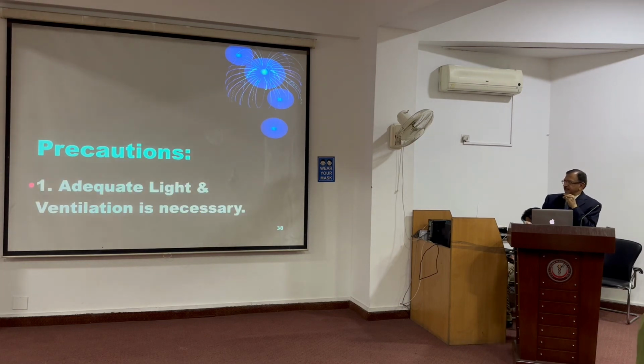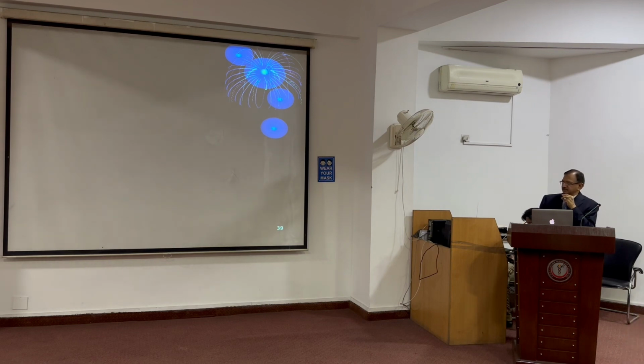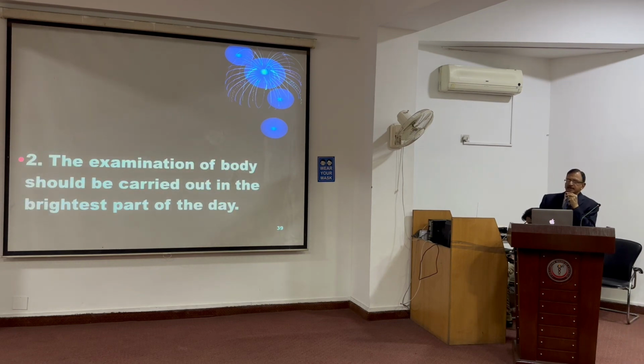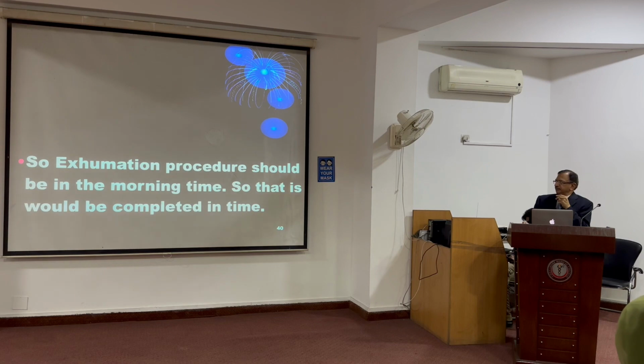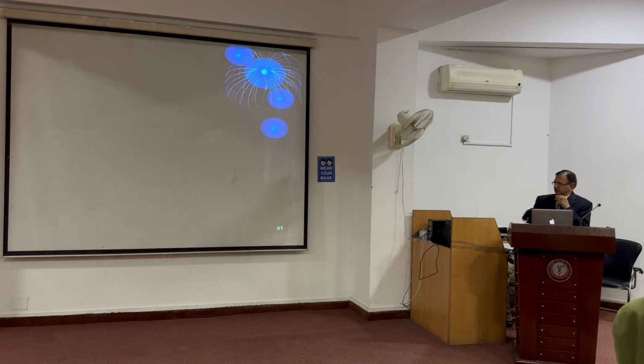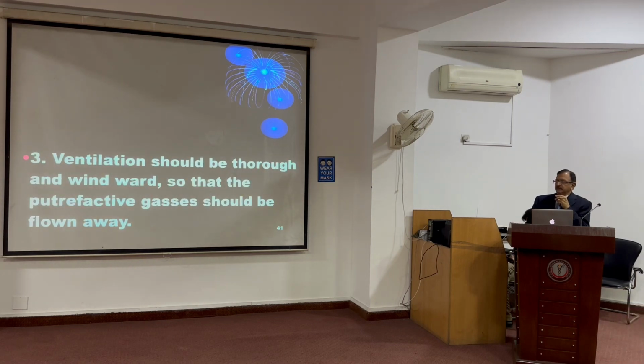So the precaution is that adequate light and ventilation are necessary, so it should be on the brightest part of the day, usually started in the morning time. And the ventilation is that three sides should be covered and one should be kept open so that the gases can flow away.